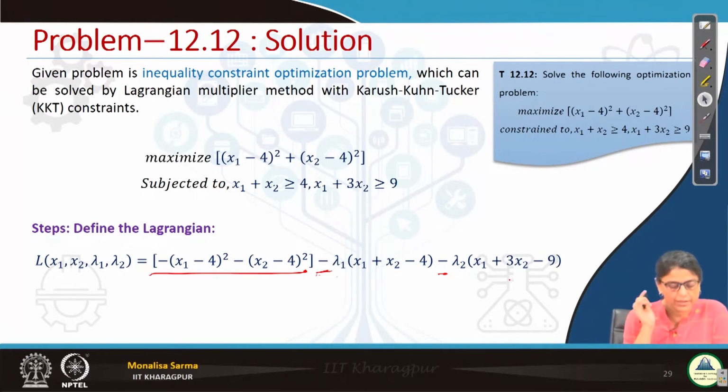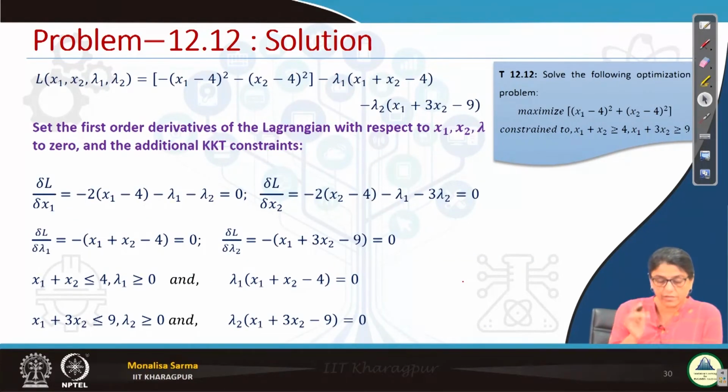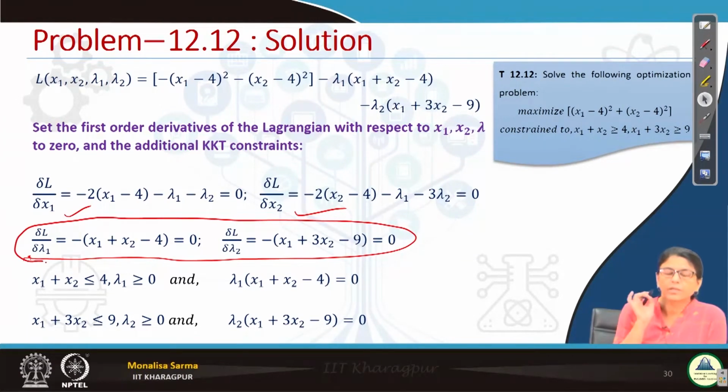So what are the KKT conditions? First, del L by del x1, del L by del x2, whatever I get, those are equal to 0, and I don't differentiate with lambda 1 and lambda 2. I don't differentiate L with the dummy parameters for the inequality constraint. Now, I have just kept this to remind you that it is not required for inequality constraints.